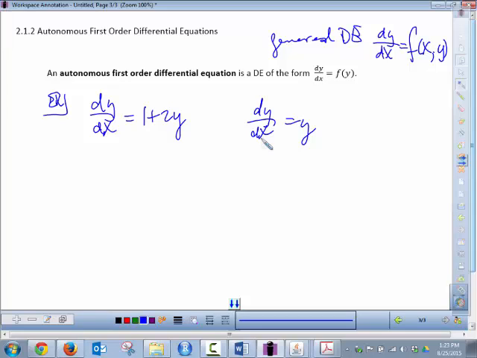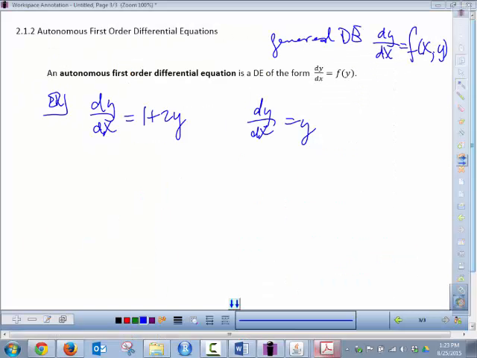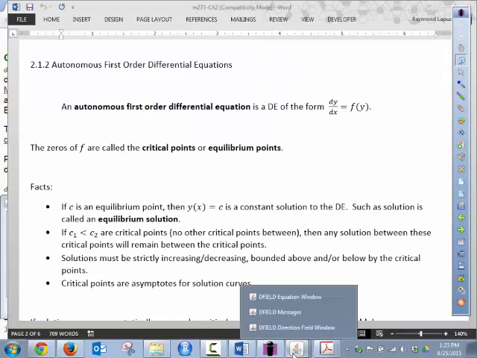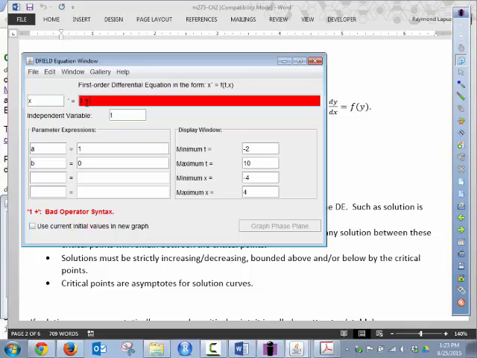All right? Let's quickly take a look at the slope fields for these two examples over here. What's my slope field? So 1 plus 2 times y.